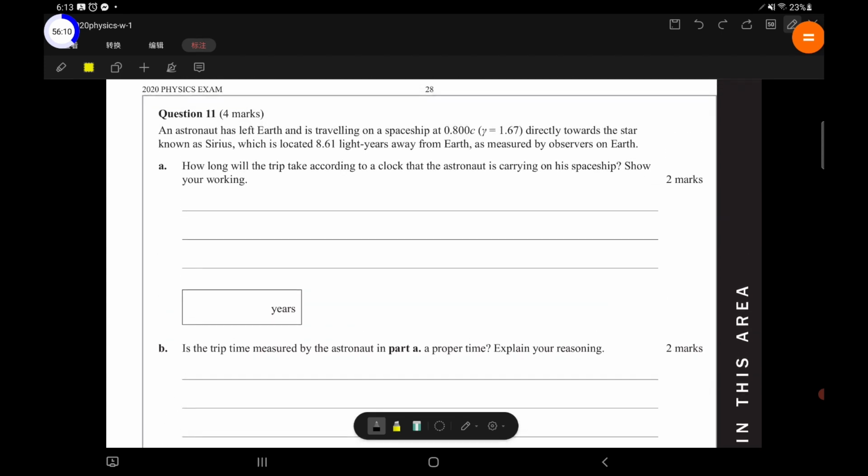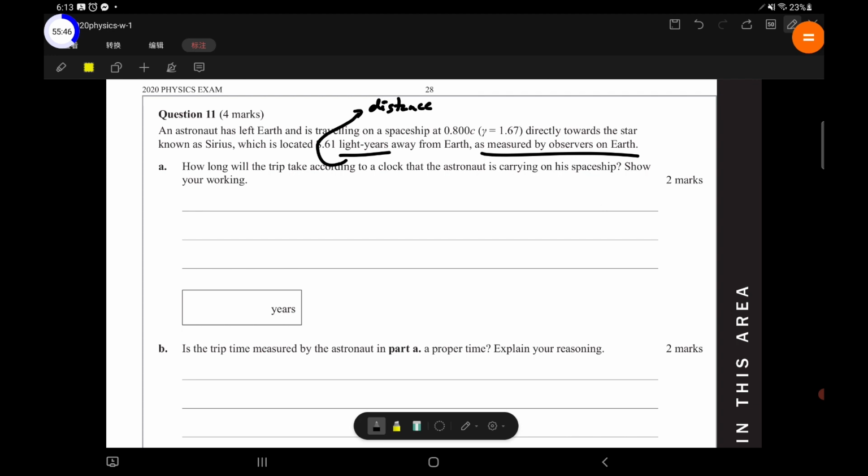So an astronaut has left the Earth traveling on a spaceship at this much speed towards the star known as Sirius, which is located 8.61 light years away from the Earth. This is a unit for distance, by the way, not time. Just because it says years, it's a unit for distance, as measured by the observers on the Earth.